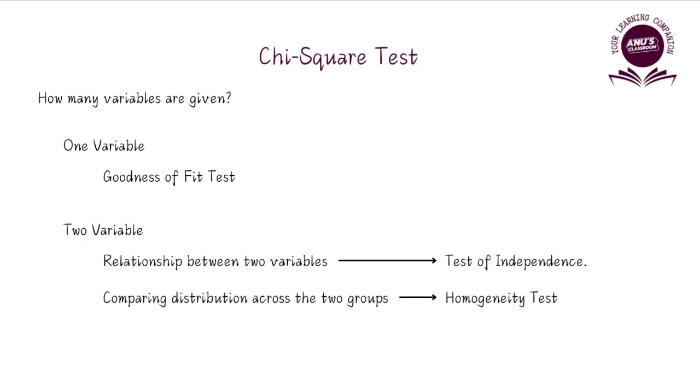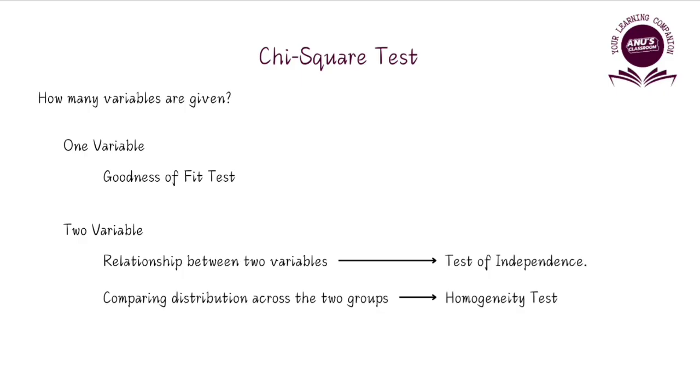So the core calculation, whether it is the goodness of fit test, test of independence, homogeneity test, whatever it is, involves computing the chi-square statistic. Like in the last example, we had to calculate the z statistic; here we will calculate the chi-square statistic.